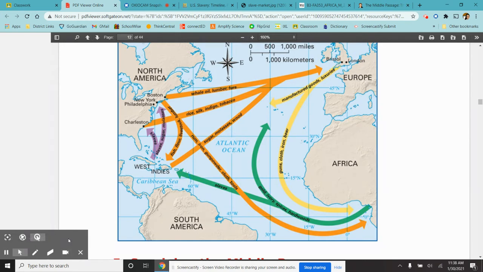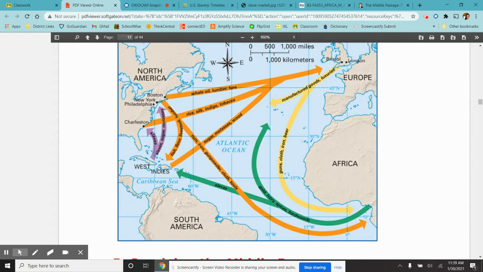So we did the continents. Now, what do the arrows mean? The arrows mean the directions in which products are exchanged, and the color signifies which continent the products came from, right? So if we look at the orange, all the orange are things that are coming from North America, all the resources coming from North America.